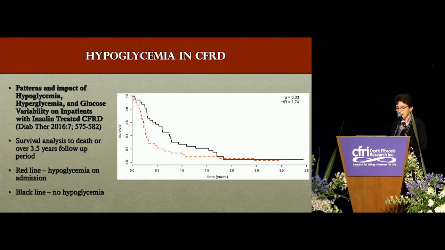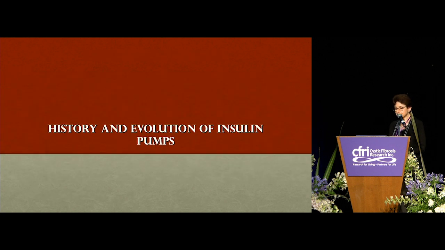This is the survival analysis to death over a 3.5-year follow-up period. The red line is hypoglycemia and admission. Hypoglycemia is associated with lower survival rate, and that's why it was a concern, and why, with the use of technology, we're hoping to reduce hypoglycemia and maintain tight control without increasing the risk of low blood sugar.